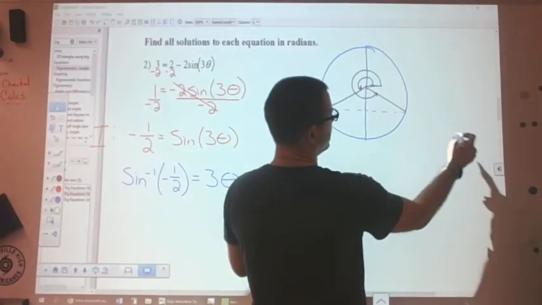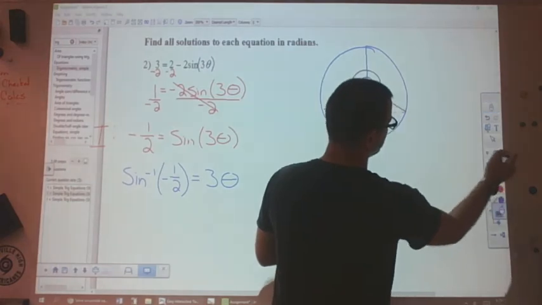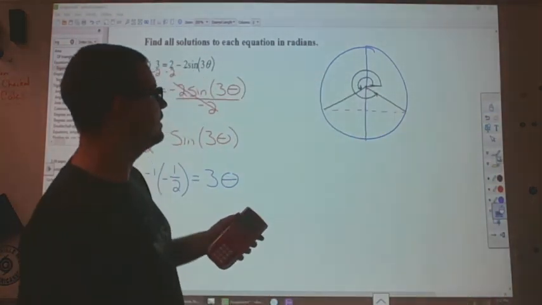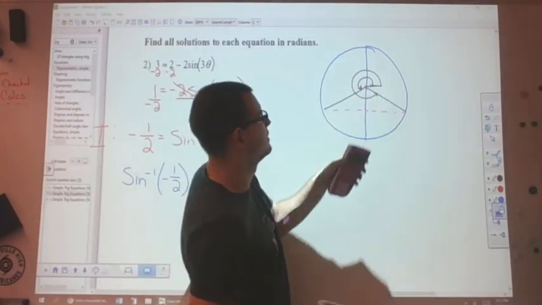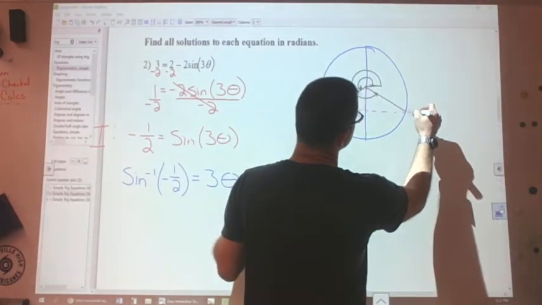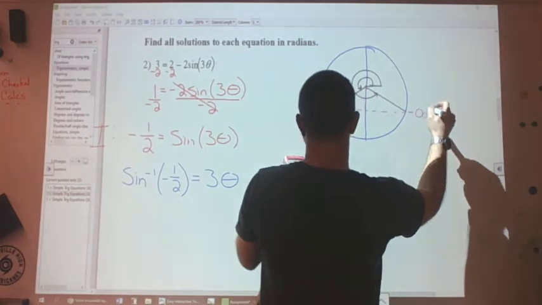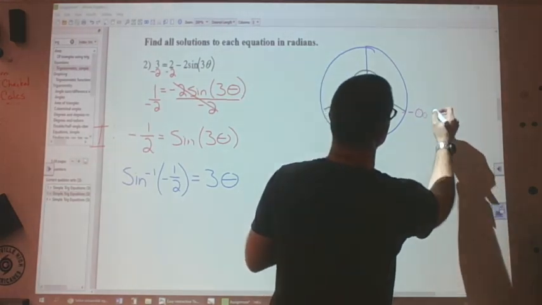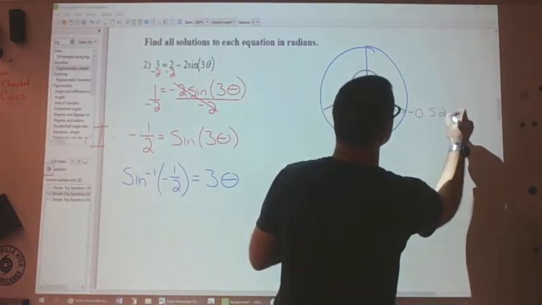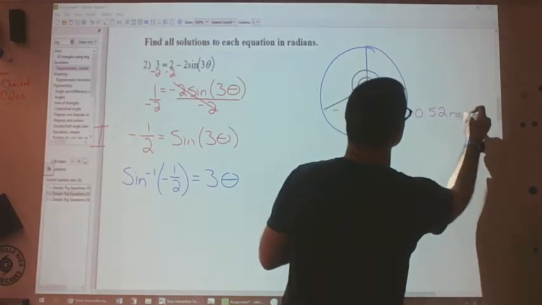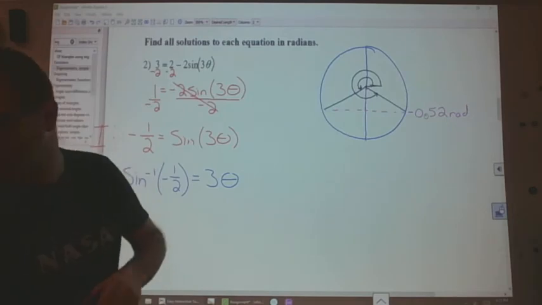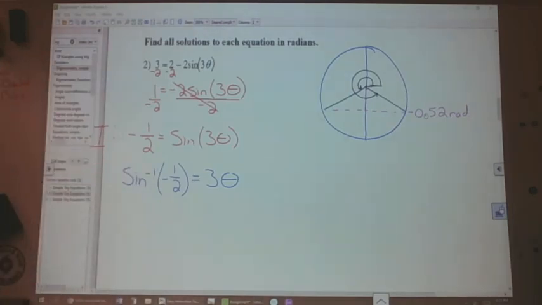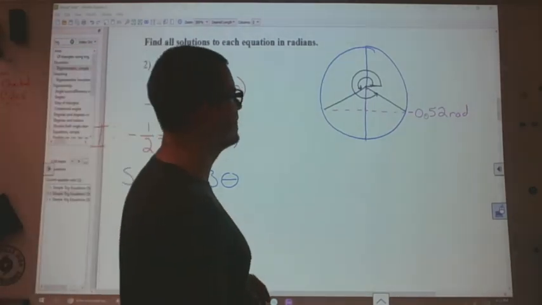Okay. So that particular angle is that one right there. This is the angle negative 0.52 radians. It's the only one. I know that there are 2 pi radians in a circle, 6.28.